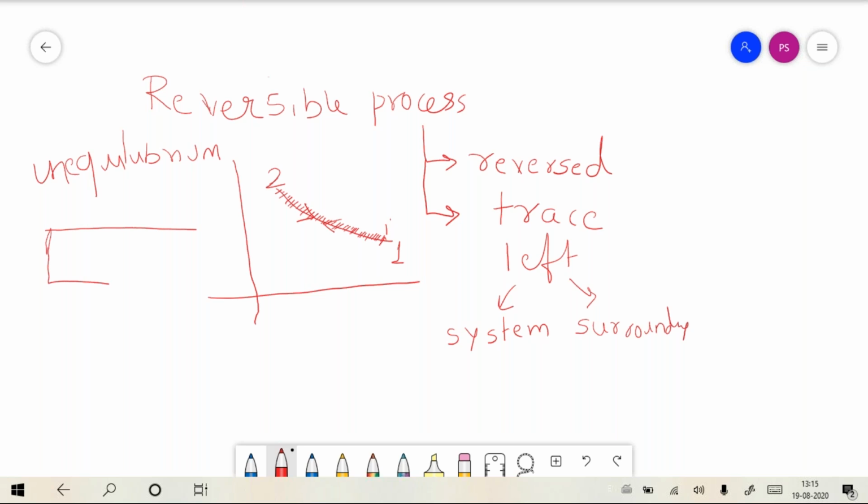We are talking about an expansion process, and if this gas has to expand, and if this pressure is, let us say, 1 bar, and the other pressure is 0.9999, and these 9s you have to write up to infinity, right? So it means that this delta p is infinitesimally small.